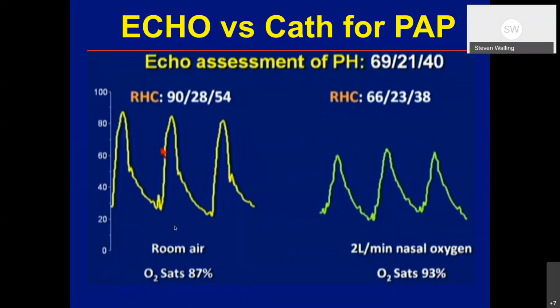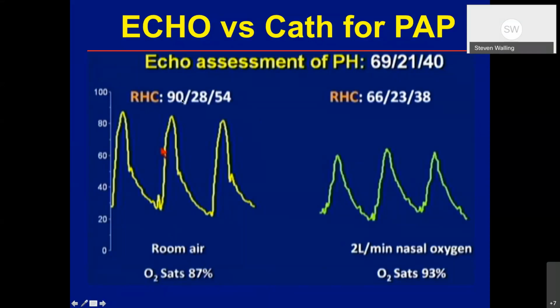So what's the difference between echo and the cath? Here is a case, the echo assessment of the PA pressure is 69, right? It's a peak, and the mean is 40. And the same person going through the cath, right heart cath, in room air, the oxygen sats were only 87%.